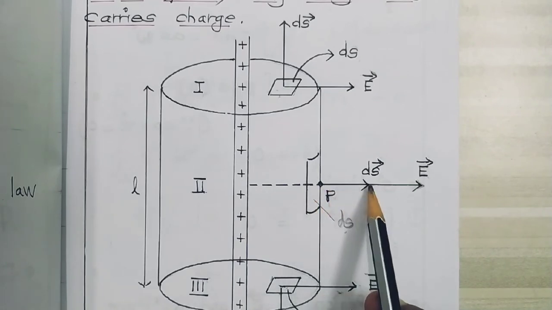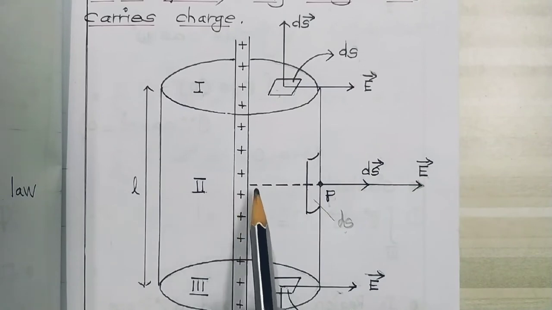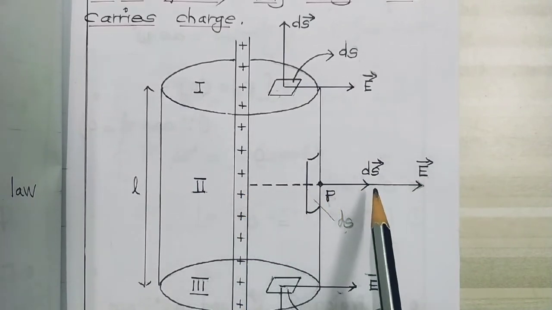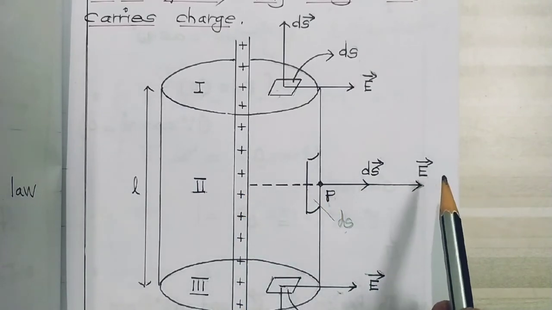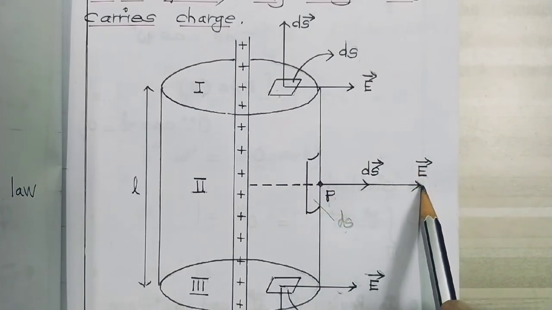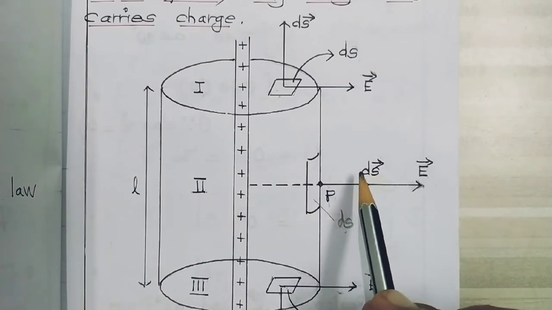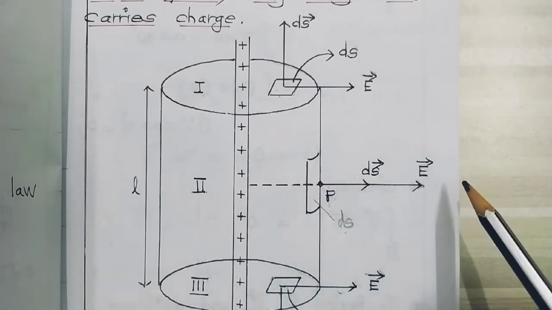So the area vector is this ds vector. And I have already mentioned the direction of the electric field is in this way. So this is E vector. Here both the electric field vector and the area vector ds are in the same direction.